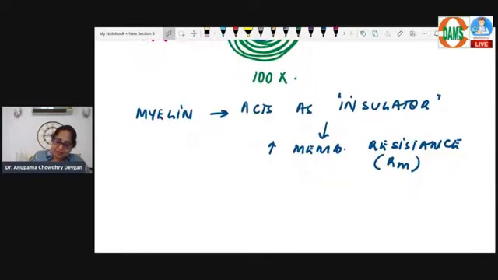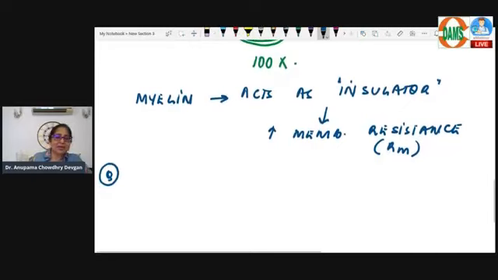So if I ask you a question: why does myelin, which acts as an insulator, increase the membrane resistance? It is like copper wires. Copper wires have a coating of plastic, isn't it?